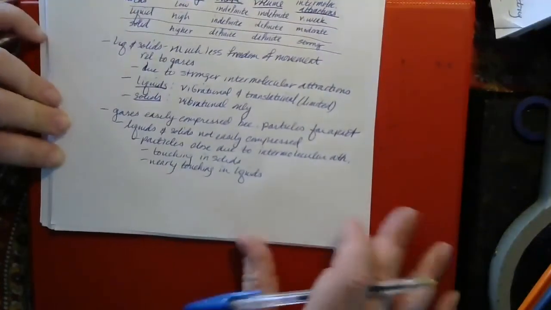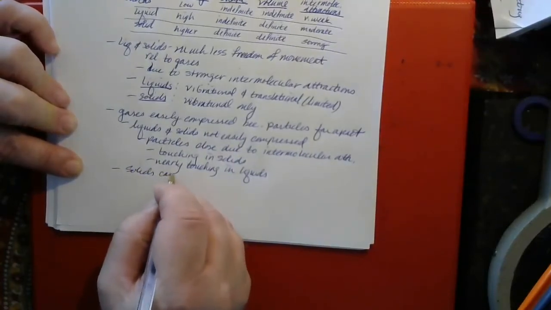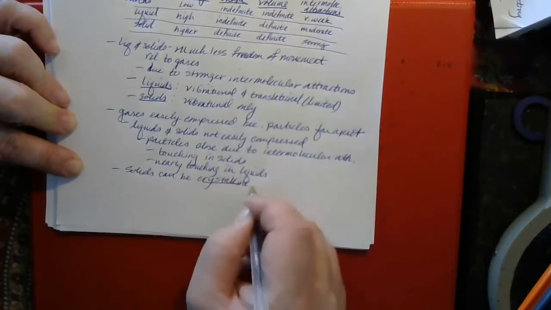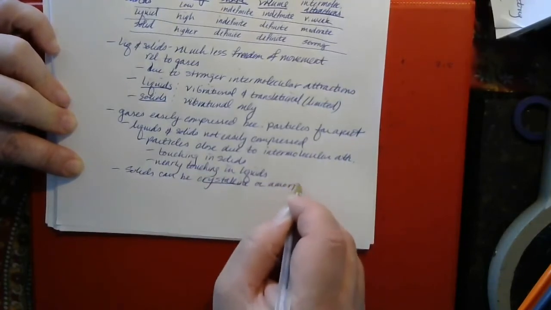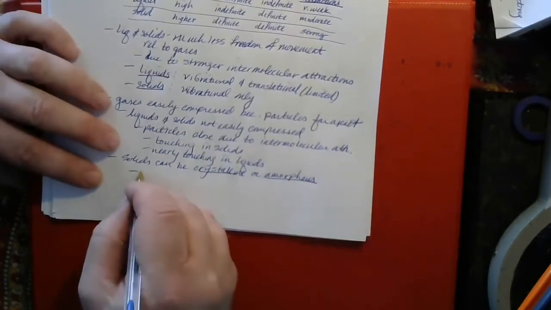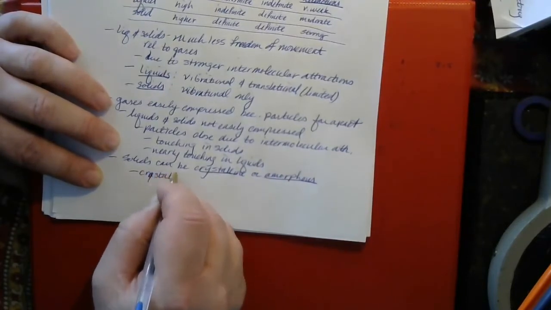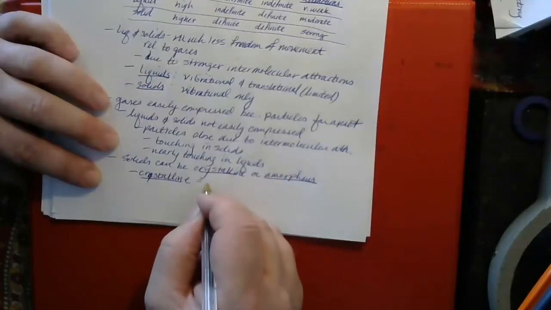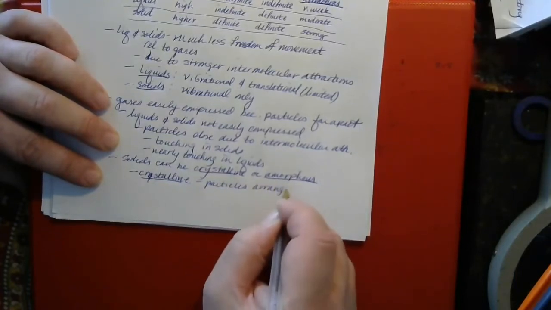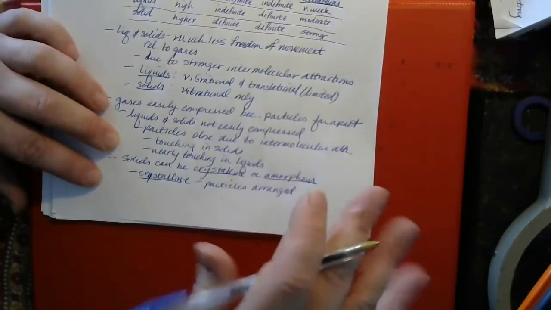Okay, solids can be crystalline or amorphous. Crystalline just means that the particles are arranged regularly. So there's a regular repeating pattern to the way the particles are arranged in a crystalline solid.